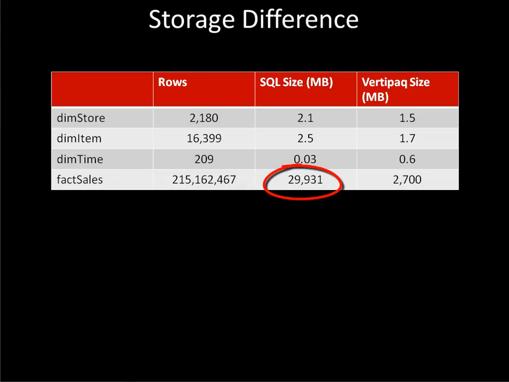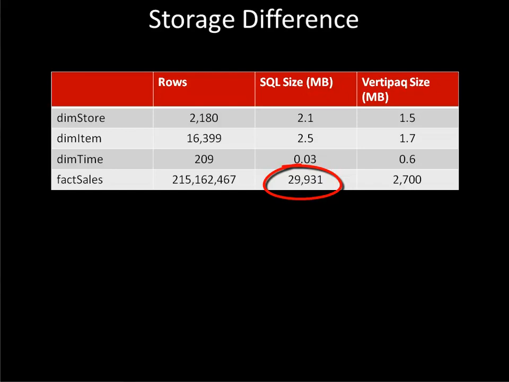On this column we have the SQL size, an uncompressed SQL storage of about 30 gigabytes. If we compress that with SQL's page compression, perhaps we could get that down to 20, something like that. So we could make that a little bit smaller with the more recent versions of SQL Server, but it would still be a substantial pile of data that we'd have to store in RAM, and probably not that practical.